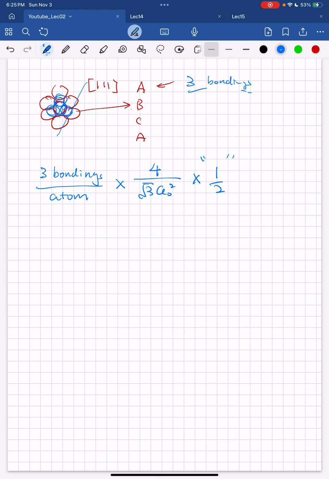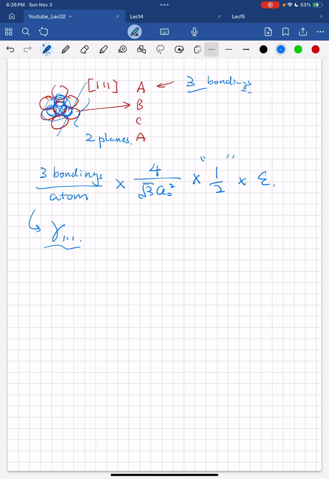Remember this, right? Because you create 2 planes. Times epsilon. And then you'll get the surface energy for 111.